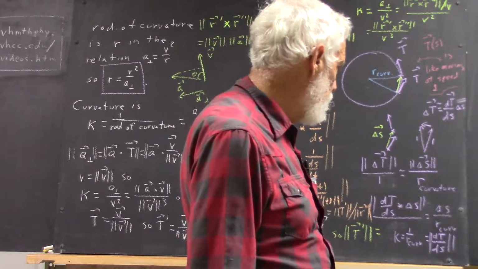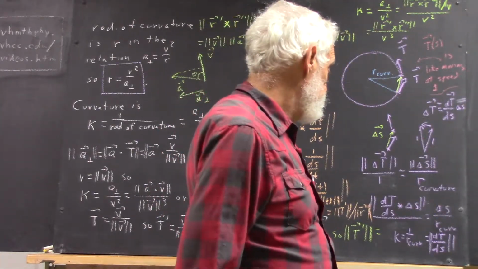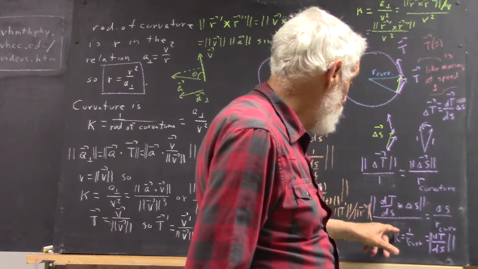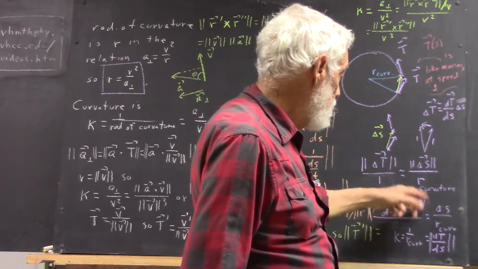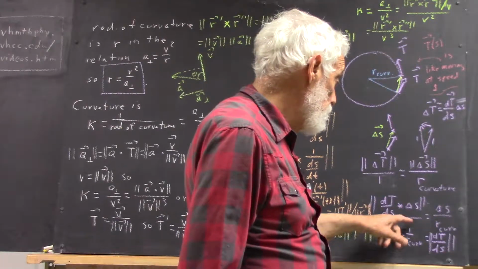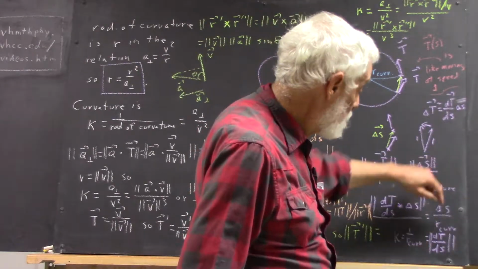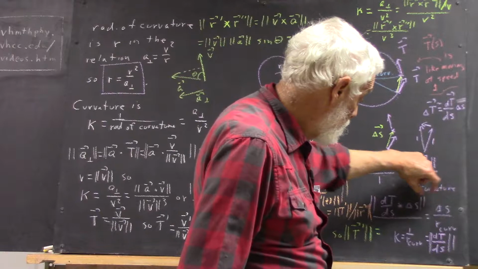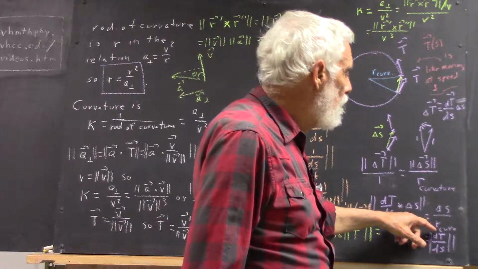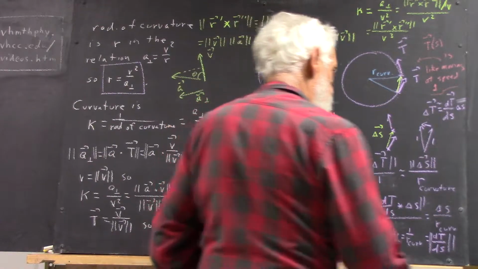You see we have our radius of curvature here, so that our delta T, which is dT/ds times delta s over 1, which is just going to be this, is going to be equal to our delta s over the radius of curvature. And we see that our reciprocal radius of curvature is then what we get when we divide the delta s into both sides here: the magnitude of dT/ds.